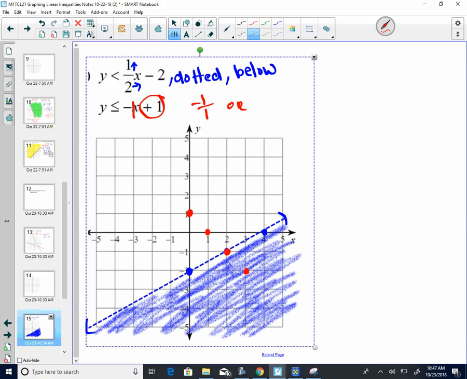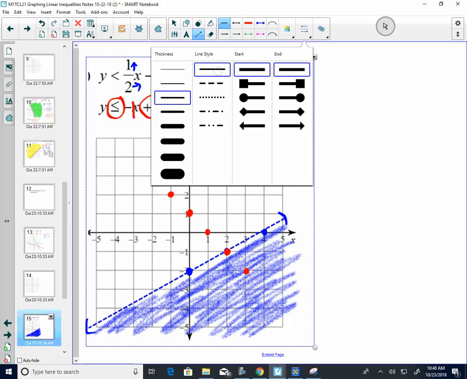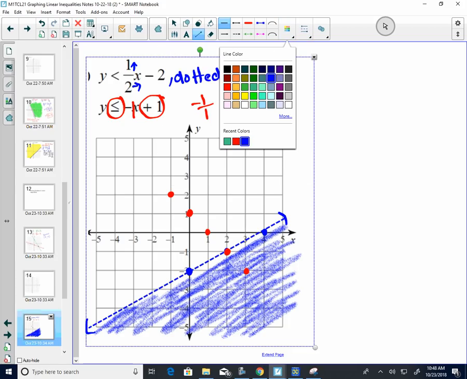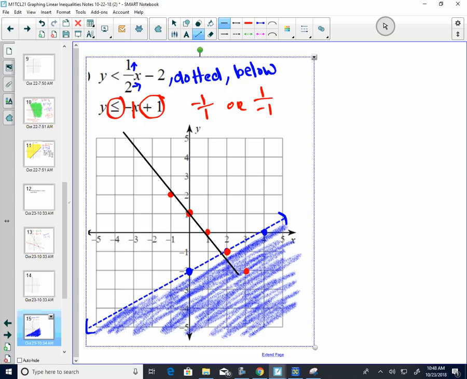Or I could have a 1 over a negative 1. I can go up 1 to the left 1. Same difference. When I look at my symbol, it has an equal sign underneath, so I actually need a solid line. I'm going to connect my points with a solid line. Oops, it didn't turn to red. That's okay.